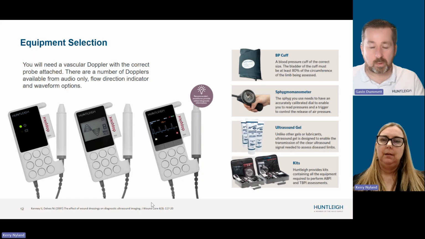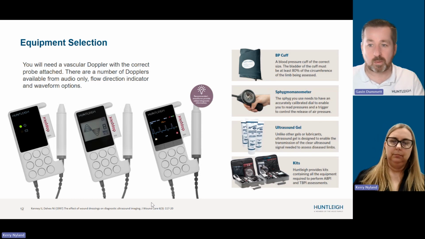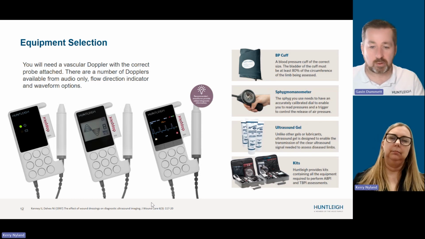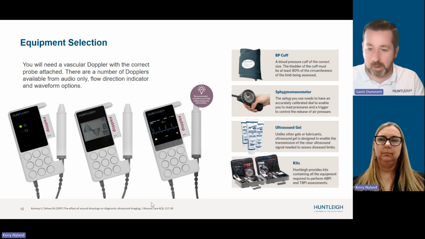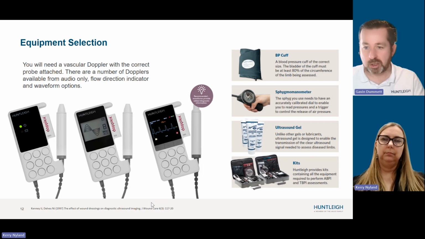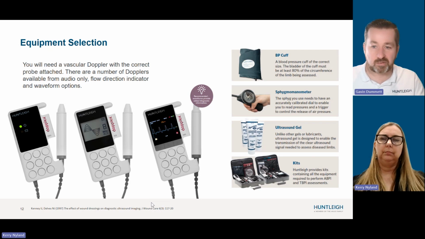Okay, so we've got a range of Dopplers from audio only to directional and then to our full waveform Doppler. We supply an ABPI kit and a TBPI kit. The ABPI kit will contain everything you need to do an assessment, whether that's the different size cuffs, the Doppler itself, the recharging kit, the SFIG, and then the documentation required.